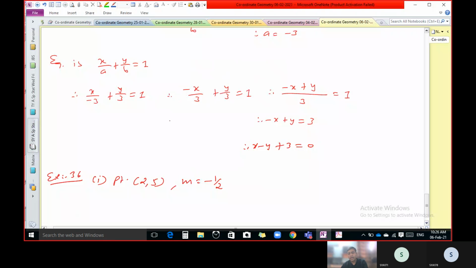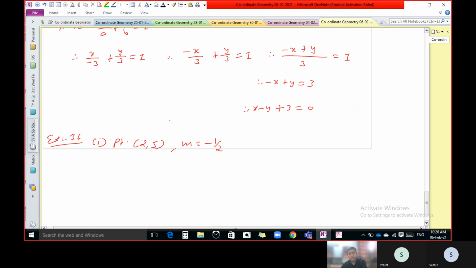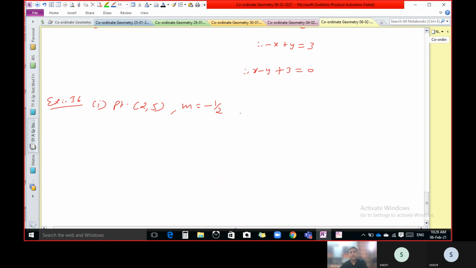Intercept on y-axis. So first of all find the equation and then put x equal to 0. You will get the value of y. So first we have to find the equation.